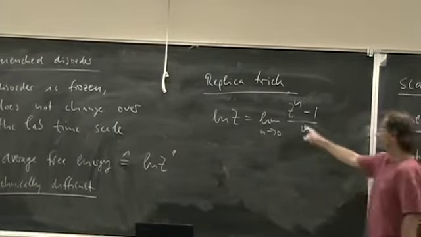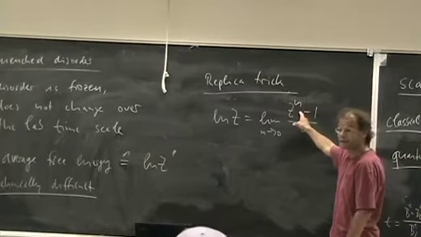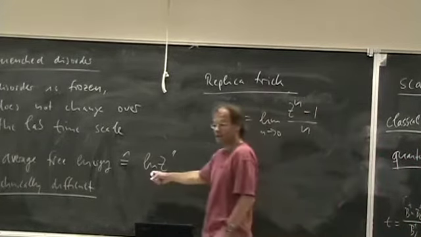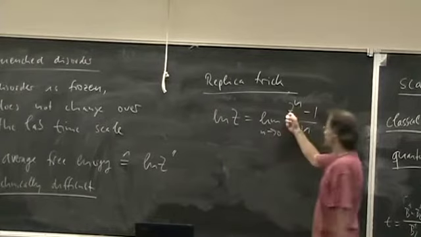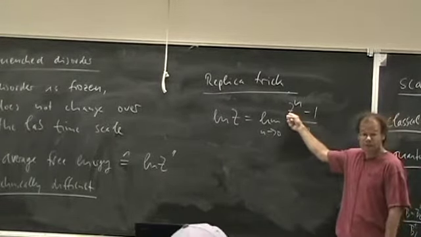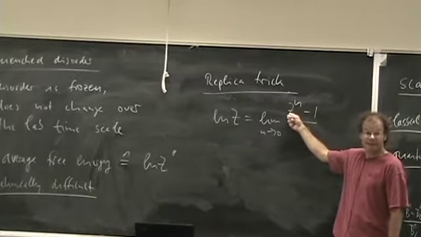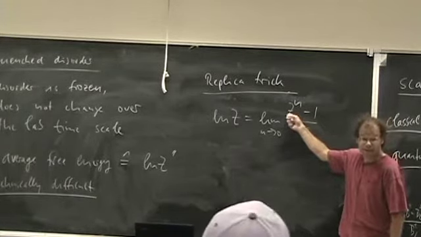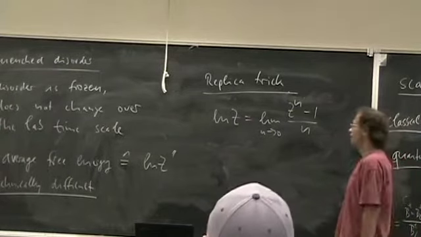And if you now carry out the average, you have to average Z to the n, which is much easier than averaging log Z. And if you want, you can interpret Z to the n as n powers of Z, which means the partition function of n identical systems, n replicas, that's where the name comes from, right?